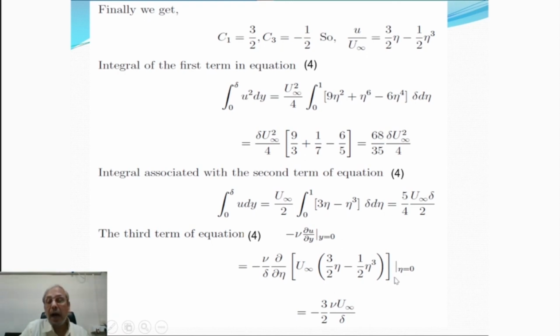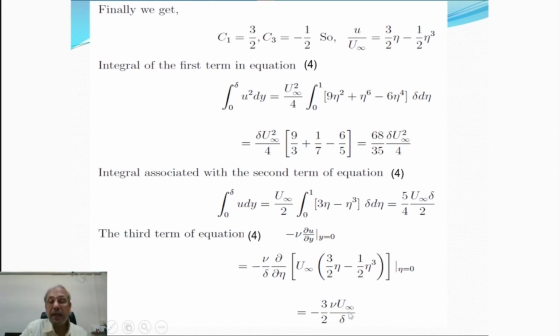After finding the derivative and substituting eta equal to 0, it becomes minus 3 by 2 nu u infinity by delta.